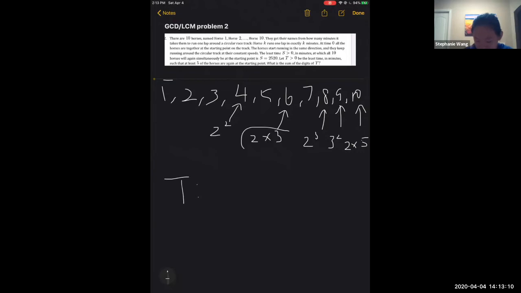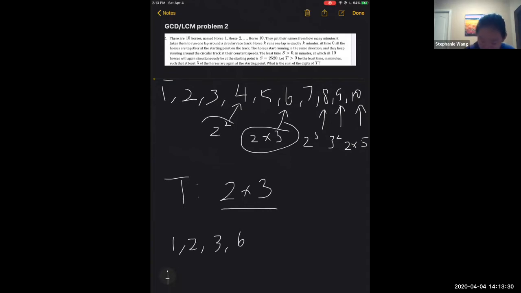So let's look at this number right here. If we look at 2 times 3, 2 times 3 already has 4 divisors. The divisors are 1, 2, 3, and 6. So now we just need to multiply this by something so that we get a 5th divisor in.